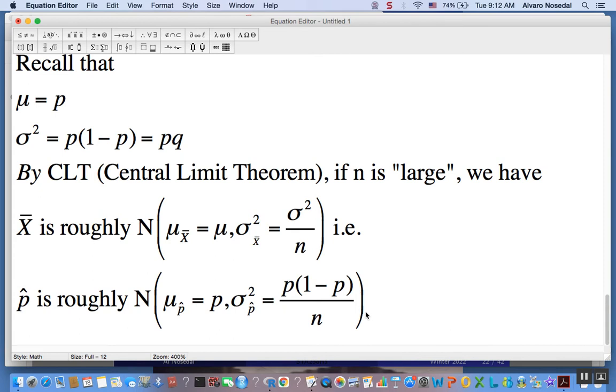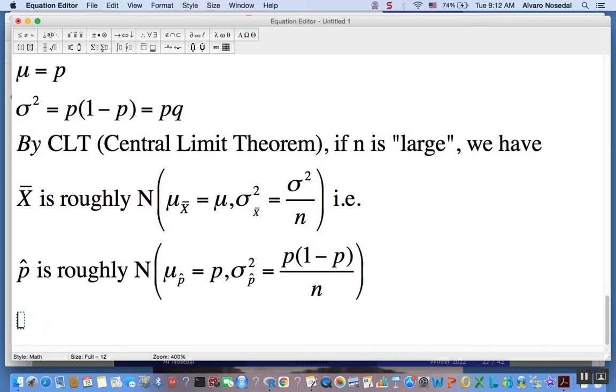Make sense? Okay. So what we have seen here is that the sampling distribution of p hat can be approximated by a normal, right?